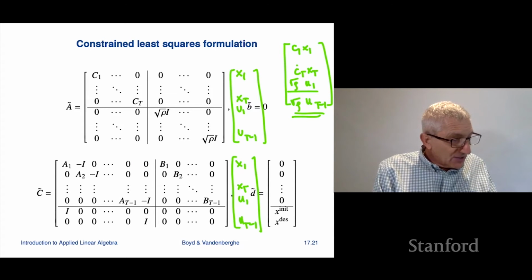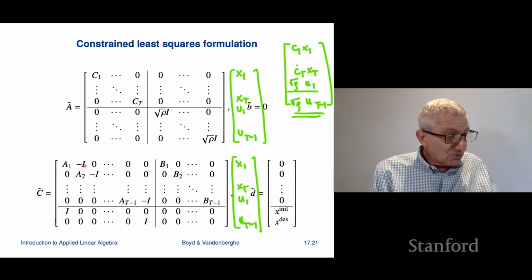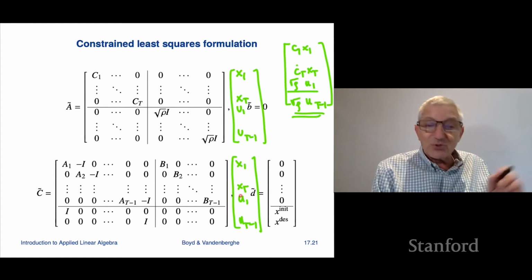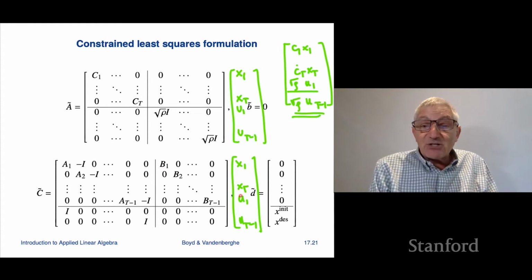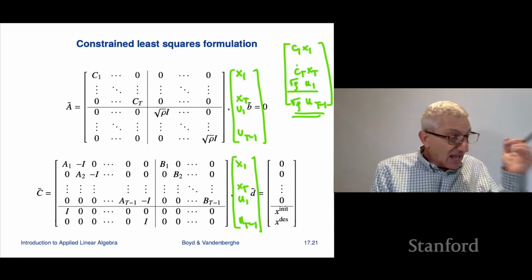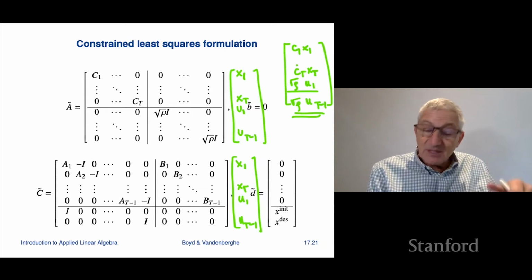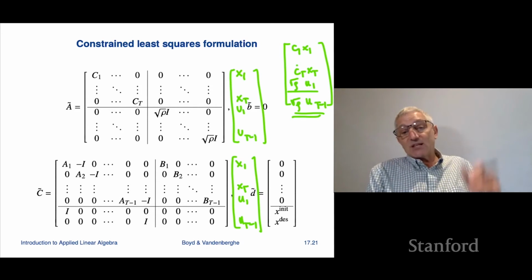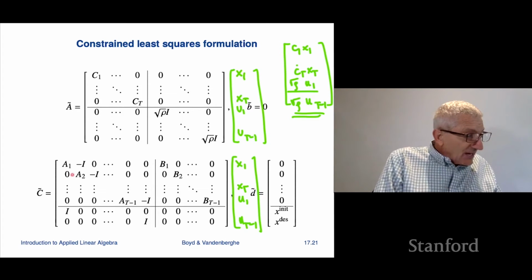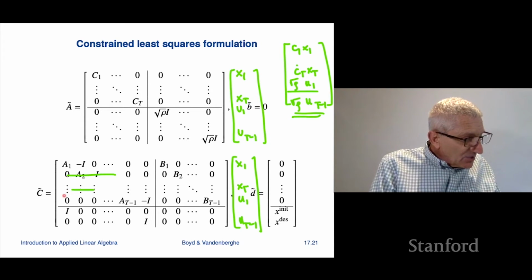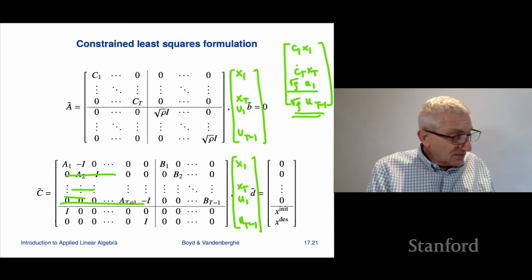This first equation says a1 x1 minus x2 plus b1 u1 equals 0. And that's the same equation as saying x2 is a1 x1 plus b1 u1. So that's the correct equation, the first one. And you can check that each of these rows give you the dynamics equations.